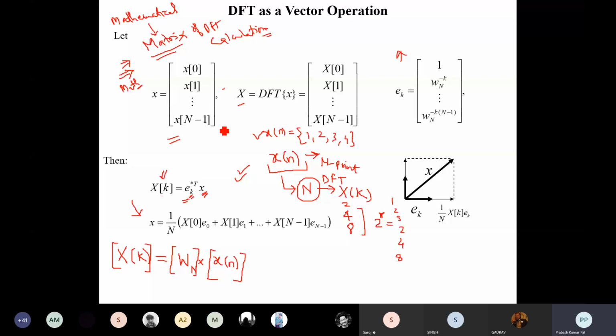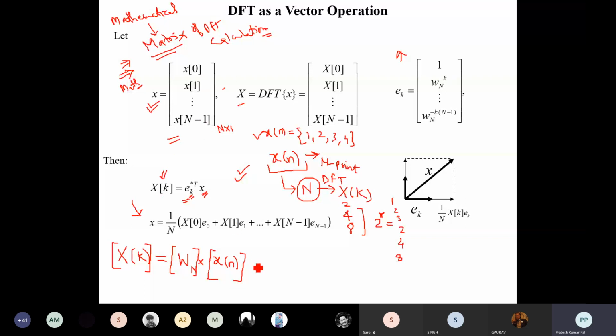So n number of rows will be there, and it will be an n cross 1 matrix. The input sequence that we get to calculate the DFT can be represented in the form of an n cross 1 matrix, where n is the number of rows and 1 is the number of columns.